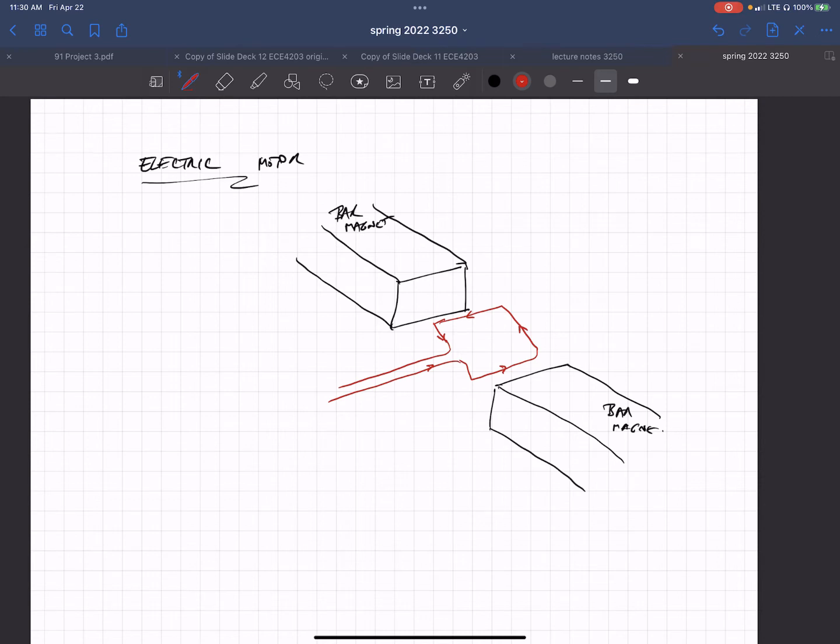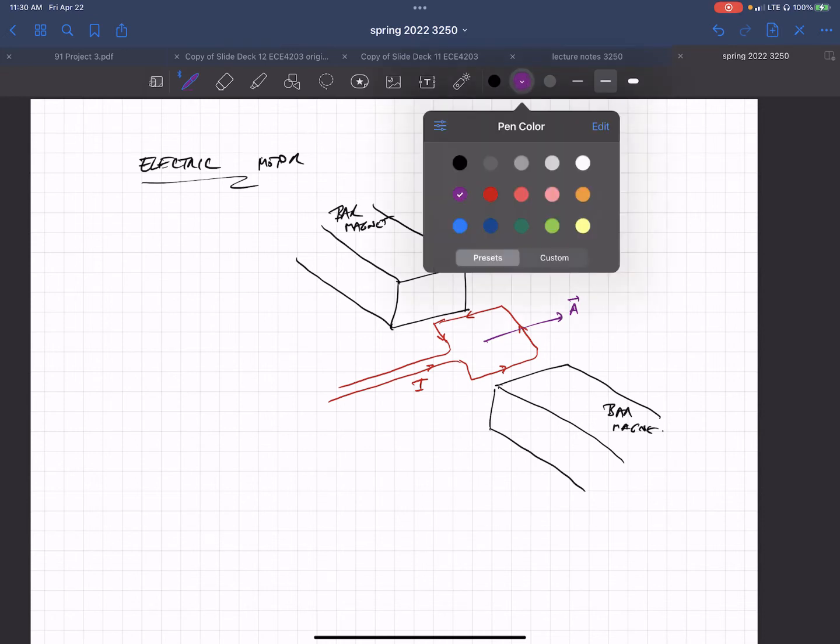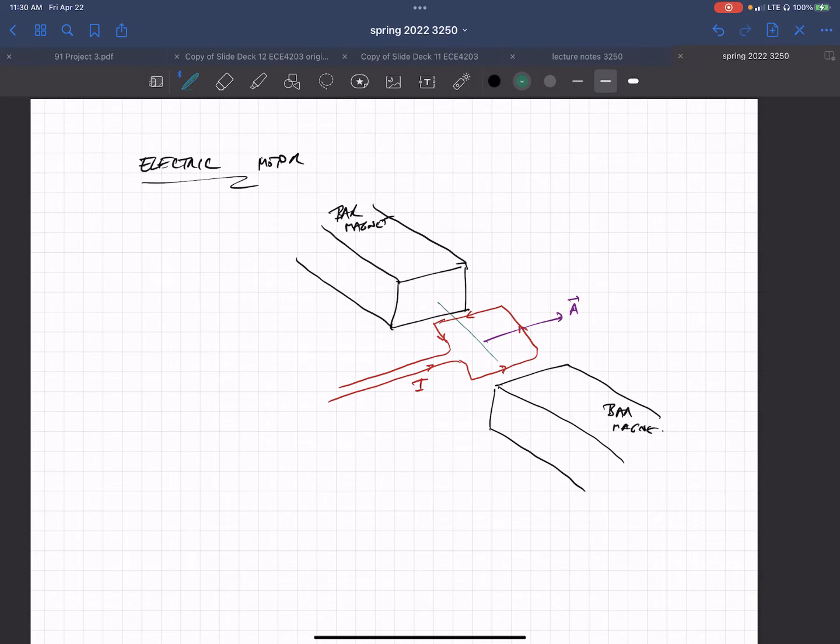Okay, so this is the direction of the current, this is the area vector coming out of the loop, and the B field, the magnetic field, would be running in between these guys.